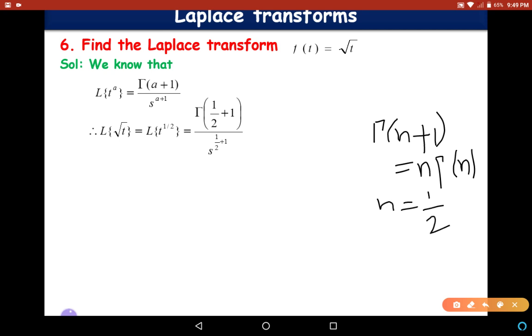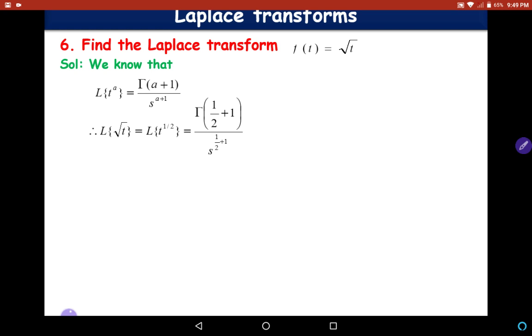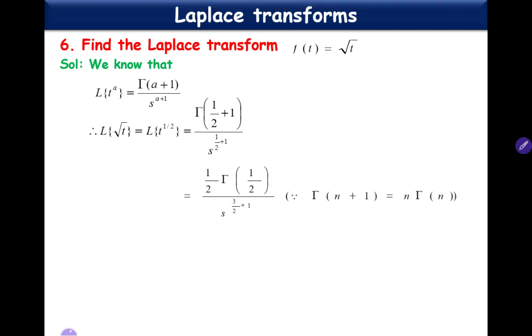Therefore gamma of 1 by 2 plus 1 is 1 by 2 into gamma of 1 by 2, by s power 3 by 2. But gamma of 1 by 2 is equal to root pi. Therefore Laplace transform of root t is root pi by 2 into s power 3 by 2.